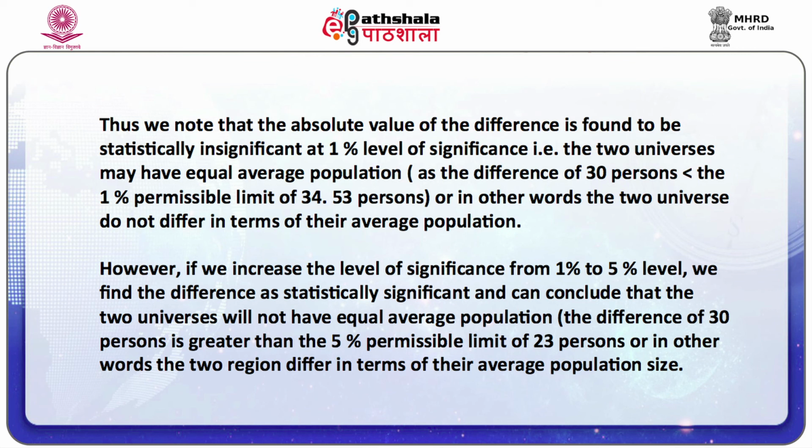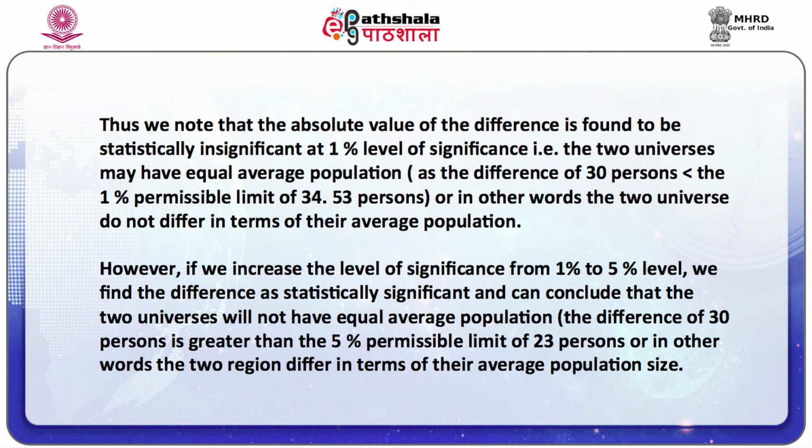That is, the two universes may have equal average population, as the difference of 30 is less than the 1% limit, which is 34.53. So, the difference is insignificant at 1% level of significance, or in other words, the two universes do not differ in terms of their average population.